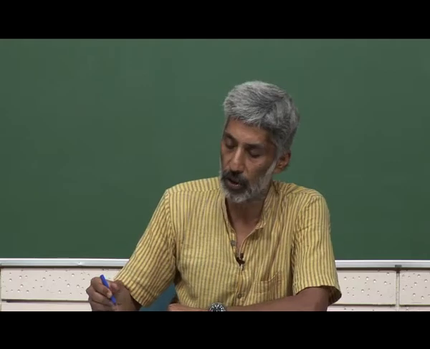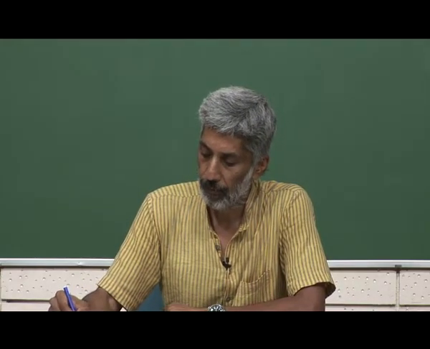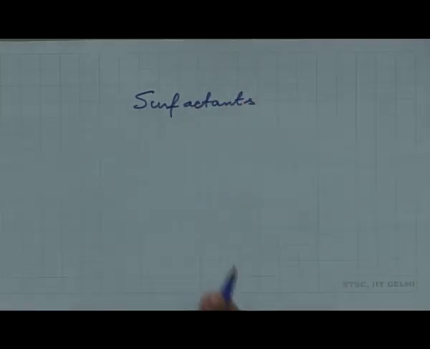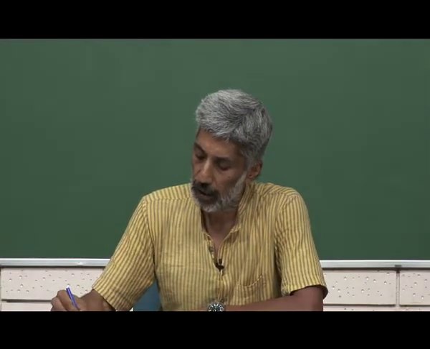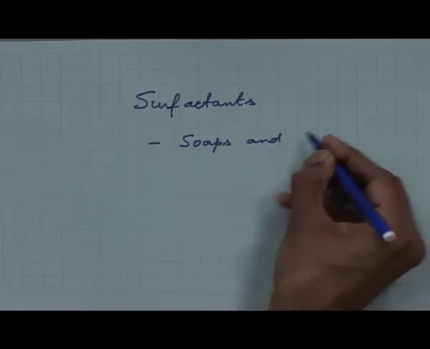of surface chemistry, probably one of the most important applications of surface chemistry, and that is surfactants. Surfactants are probably one of the biggest applications of surface chemistry, and you would have seen this in soaps and detergents.